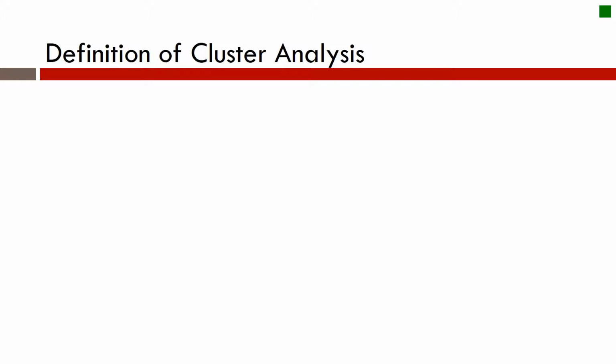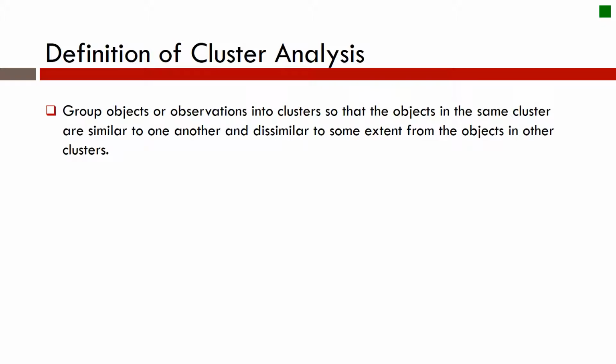So as we move forward, we think about some of the terms and the definitions that we'll use. We want to group objects or observations into clusters, so that the objects in the same cluster are similar, yet they're dissimilar from those in different clusters. So think of this in an application of market segmenting, where we have maybe 3 or 4 market segments.